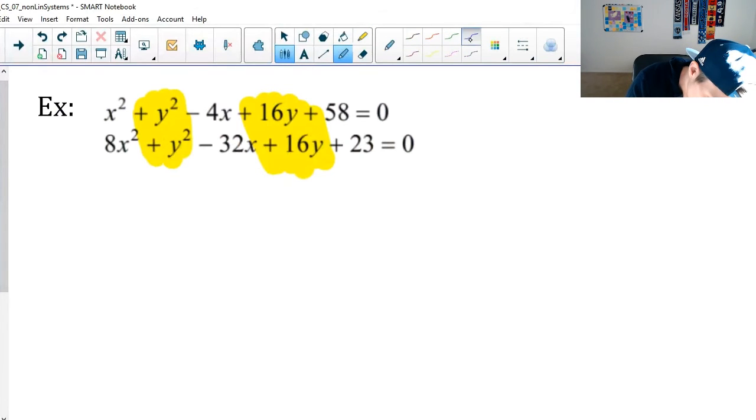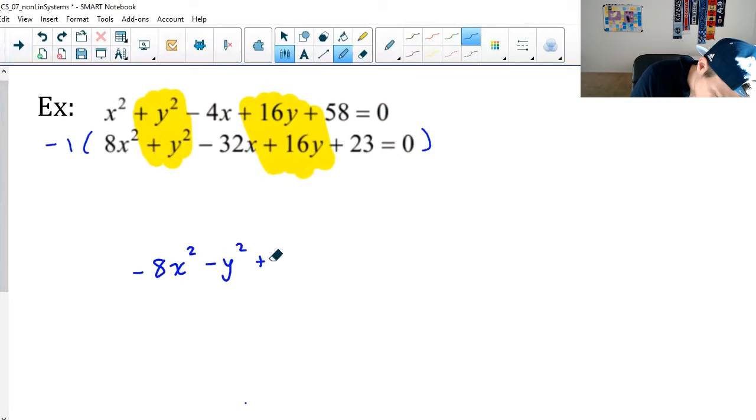So I'm just going to pick one of these. It doesn't matter which one. And I'm going to multiply it by a negative. So let's say multiply this by -1. So that would give me negative 8x squared minus y squared plus 32x minus 16y minus 23 equals 0.